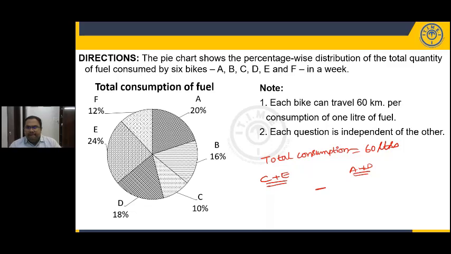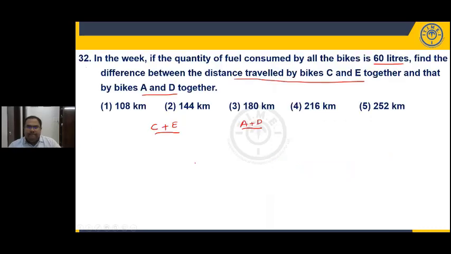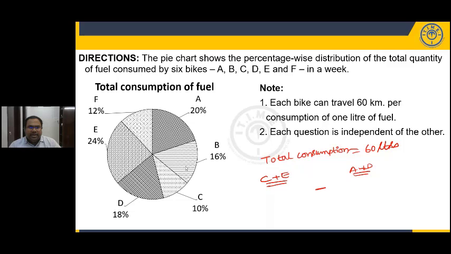Any answers? Correct, Bharti. How? What is 3 by 5 of 60?